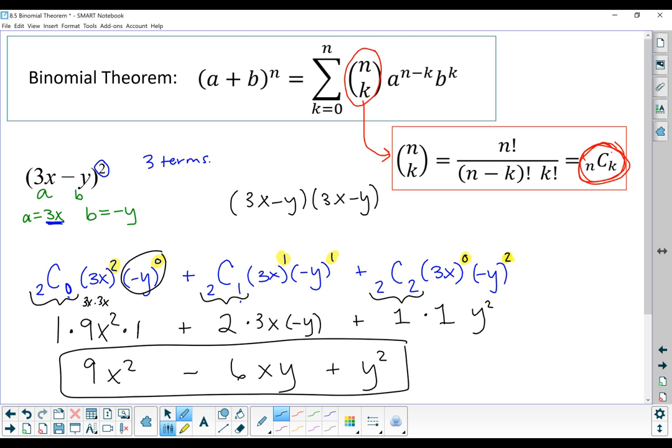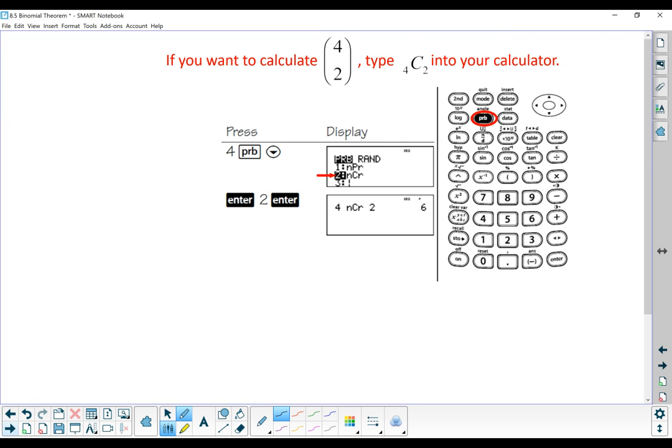So it's probably easier on something like this to just distribute, but we're going to do our 5th power one next. If you aren't sure where to find that nCr button in your calculator, if you need to calculate 4C2, hit that probability button in the TI-30. nCr is the second choice down, right above the factorial button.